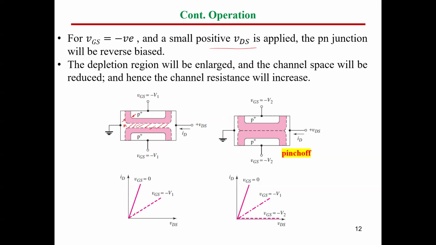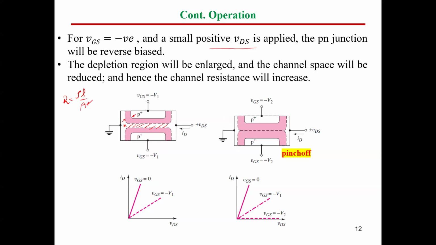So we expect that the current will be reduced, for instance, like that, because as you can see, the width of the channel has been reduced, and you know that for any conductor, resistance equals rho L divided by A. So rho is the resistivity of the material, L is the length of the material, and A is the cross-section of the material.